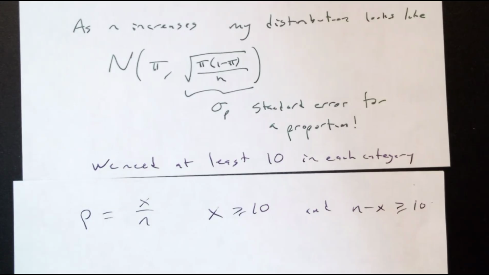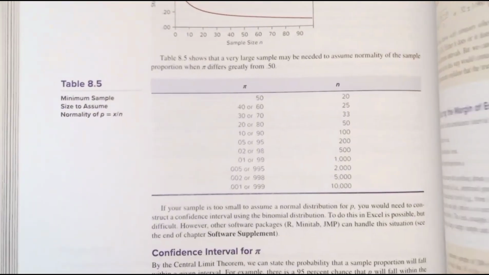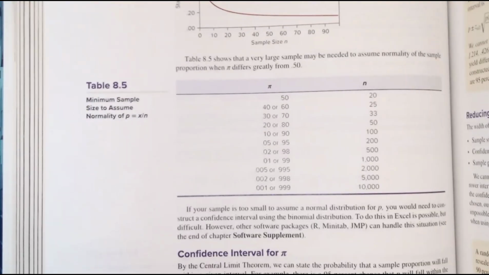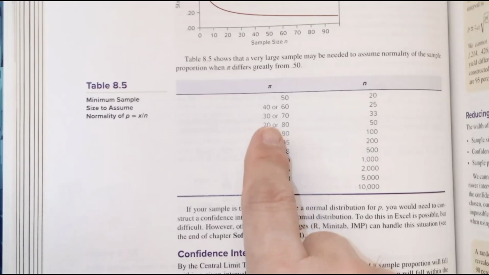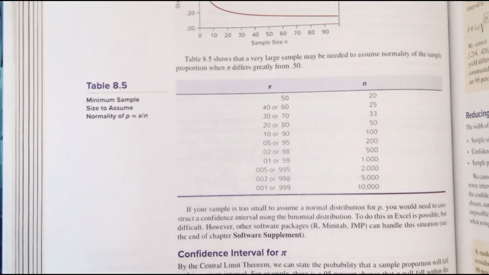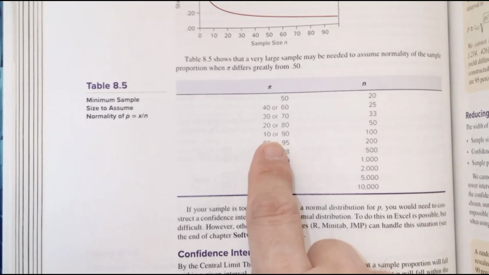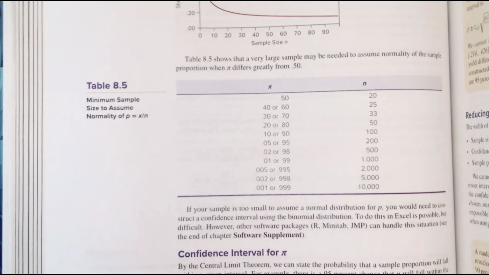Page 294, we have a table. If I think that the chance of success, that was the way we thought of our binomials, the chance of success, the chance of failure, is 30%, then I'm going to need at least 33 people, right? 11 successes would be 1/3, right? That would be bigger than 10. If I have only a 10% chance of success, I'm going to need 100 people to guarantee myself at least 10 successes, right?